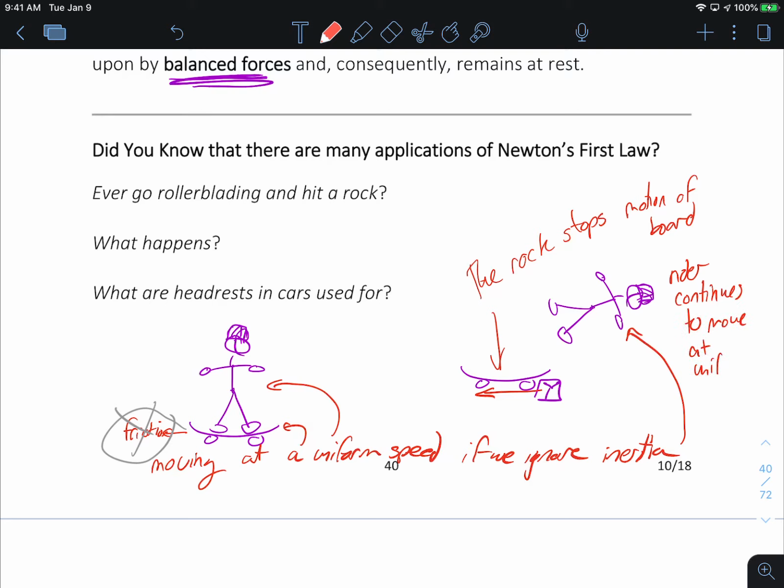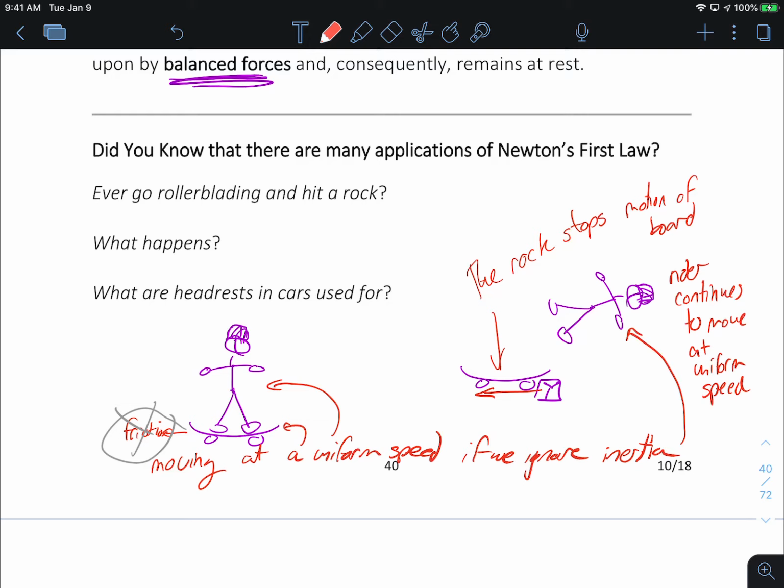If you are in a car and you rear end somebody, or if you hit something in a car, the thing you're going to notice is your face is going to go forward and hit the steering wheel, or hopefully you have airbags which are going to provide some pressure to stop that from happening. So this other question, what are headrests for?